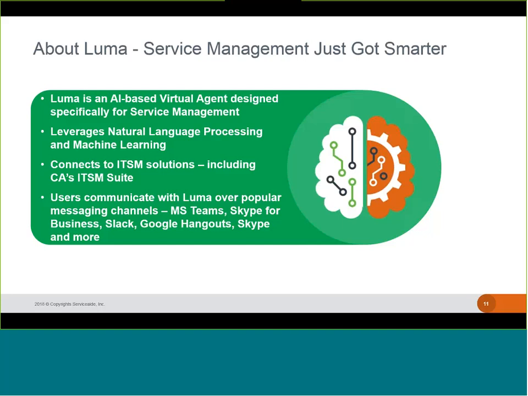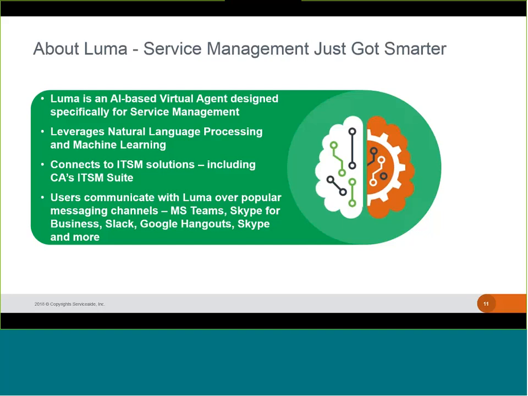Last, and probably one of the most important points of Luma, is just what Dale was talking about: making it easier for users to get support. This is where we didn't want to design another app that you have to put on your phone. We wanted to leverage existing messaging channels.